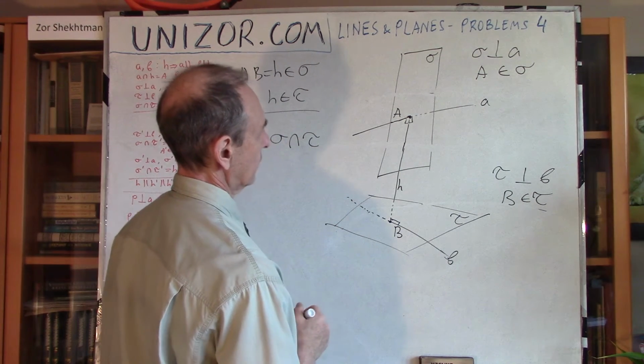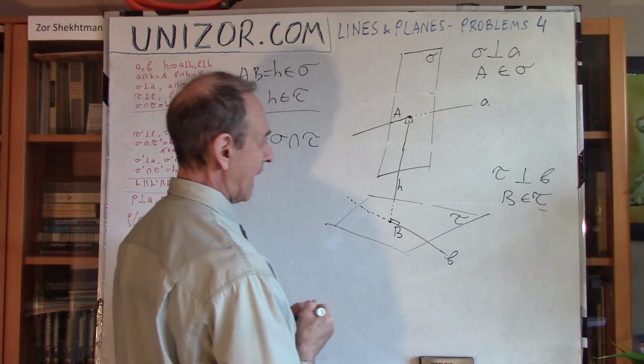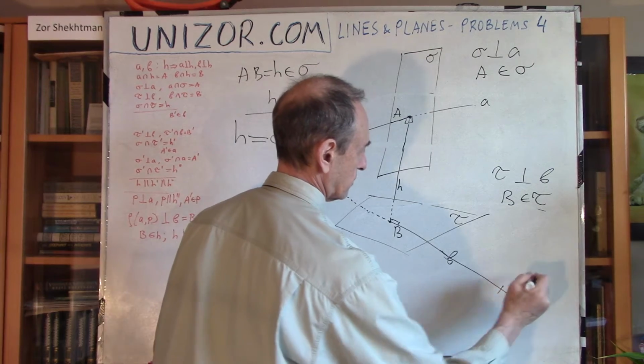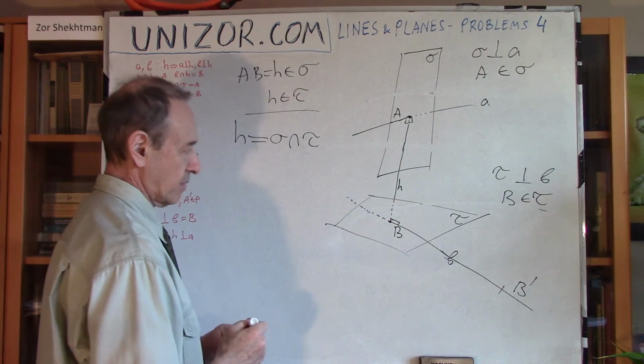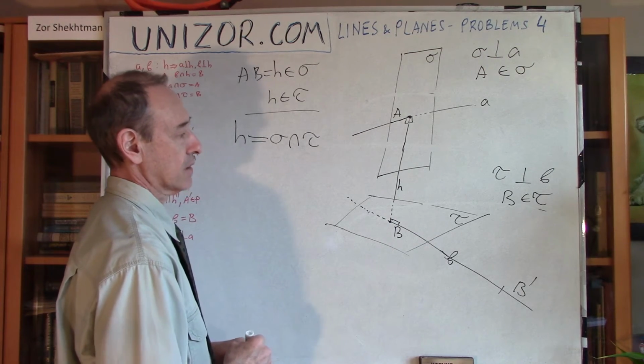Let's think about the following. Let us have any point, B prime, on the line B. Let's choose it completely randomly.